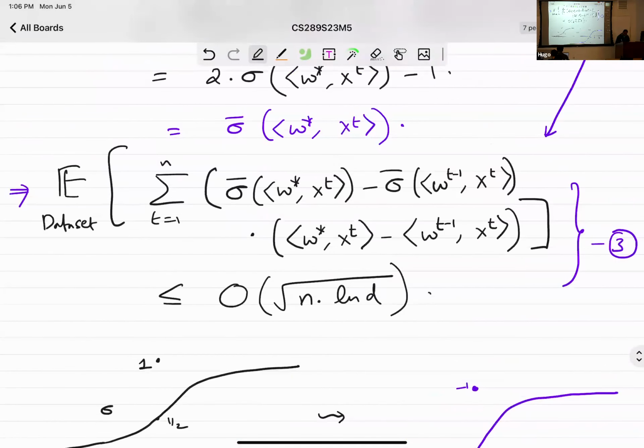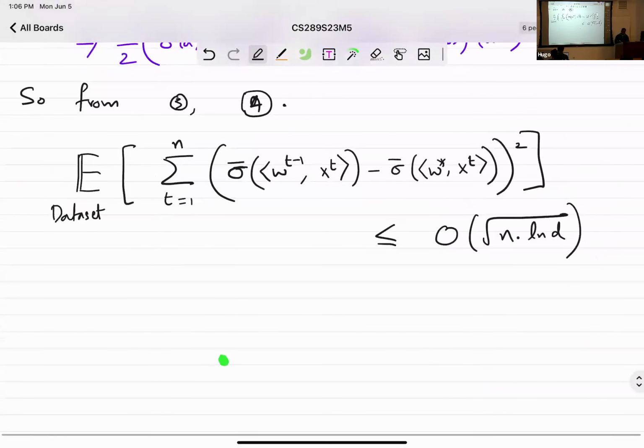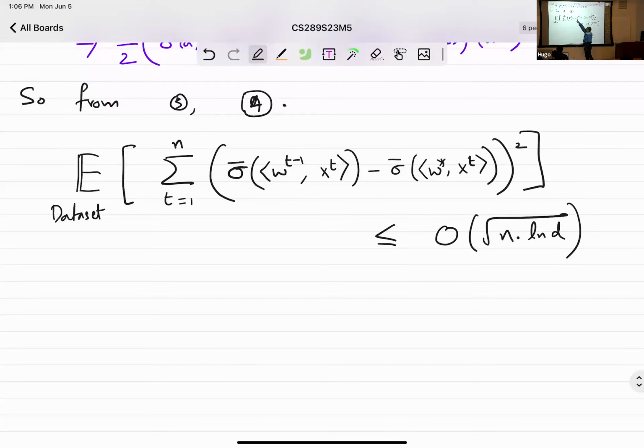So I'm using it with this being A and this being B, right? It's really the same form, sigma bar of A minus sigma bar of B times A minus B. Okay. So now we have a form which is pretty much like what we wanted. The squared distance between our prediction and the truth is bounded in some sense. The sum of the squared distances is bounded by square root of n times.